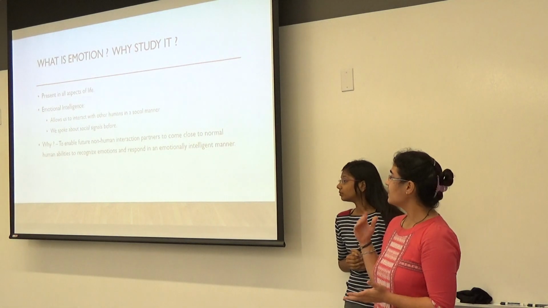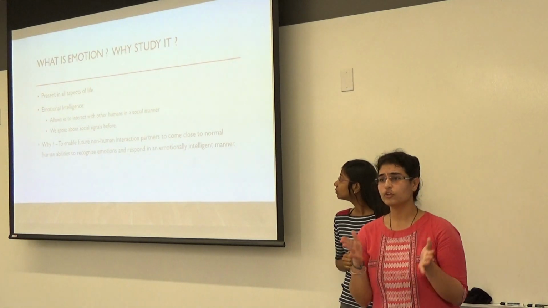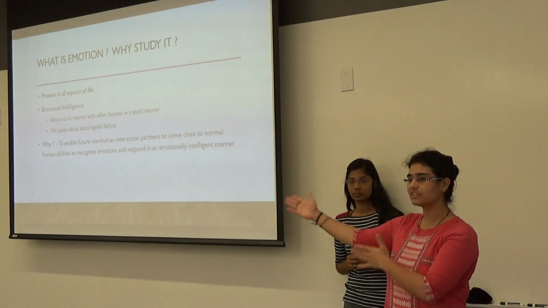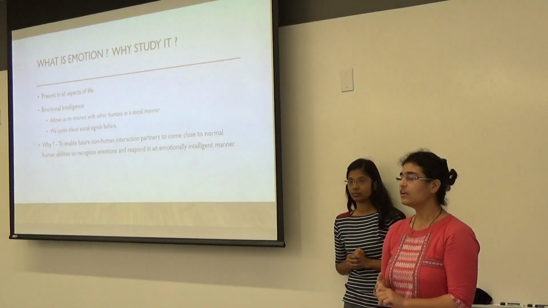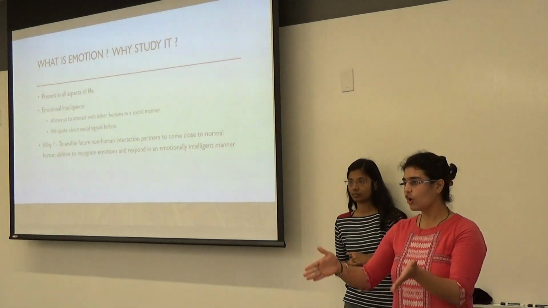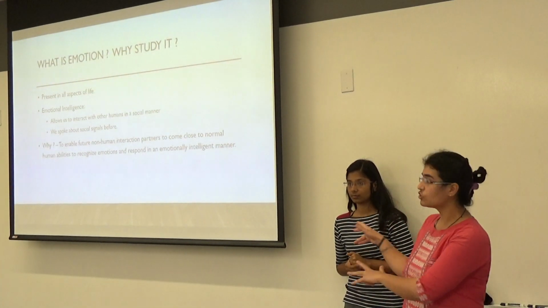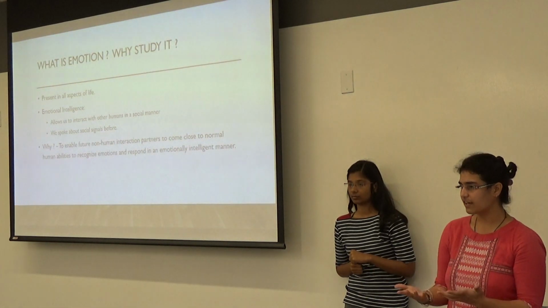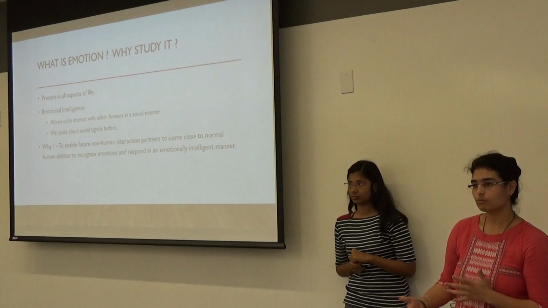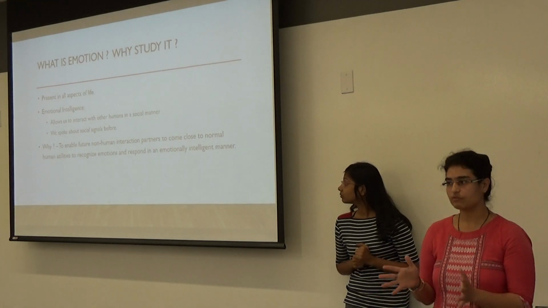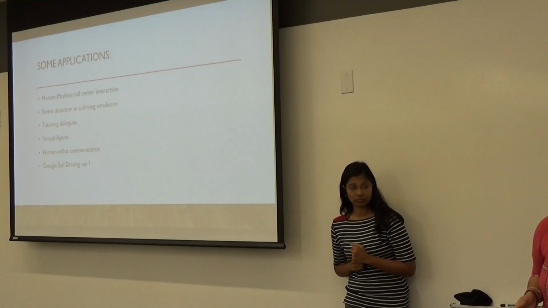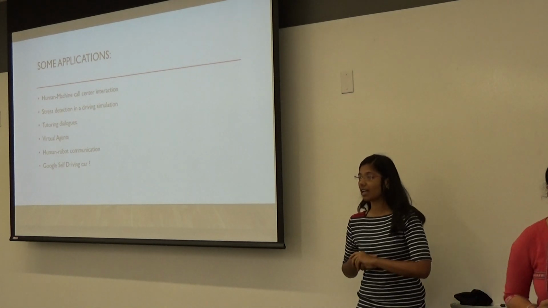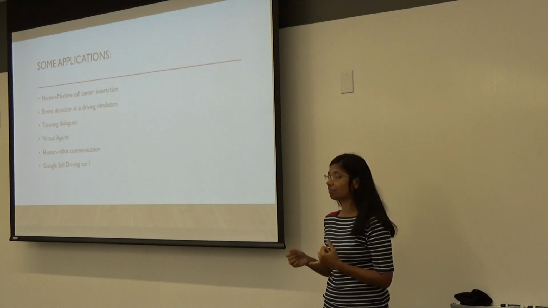In future, we are moving from human-to-human interaction to human-to-non-human interaction, which is robots, machines, agents. For that, we need all those non-human agents to be emotionally intelligent. To make the communication better and effective, we need to study what emotion is and why we need it.